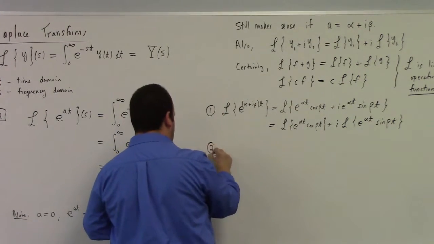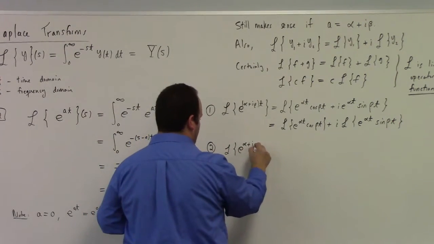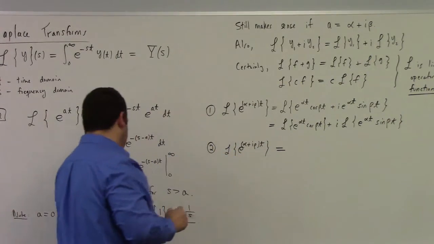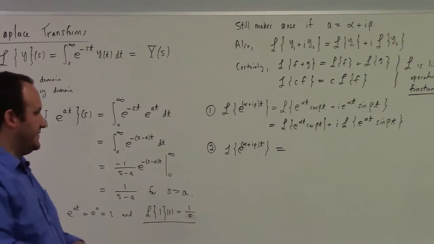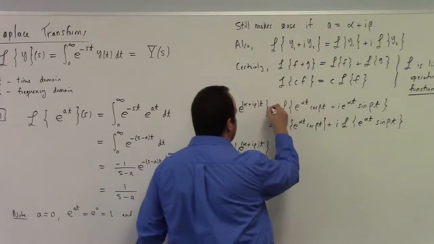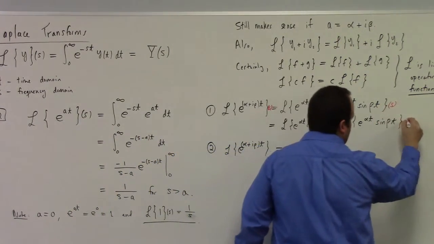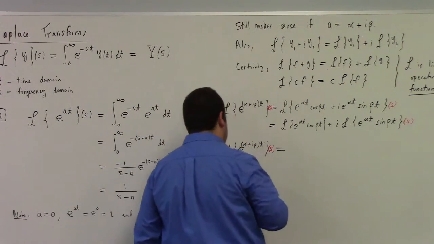But 2, we also know that the Laplace transform of e to the alpha plus I beta t is equal to what? Well, I'm being sloppy here. I guess it matters a little bit here, so I'll include it. Sometimes I get sloppy and forget to write the of s. Sorry about that. There's a point where it really does matter, so I should get in the habit of doing it.